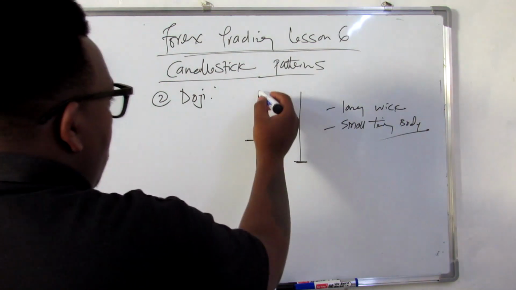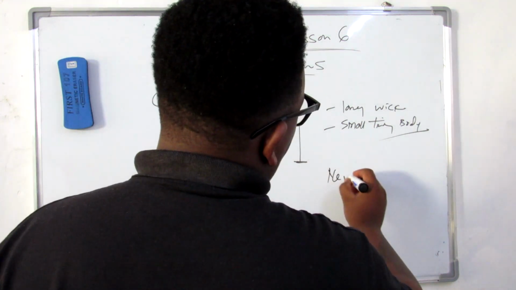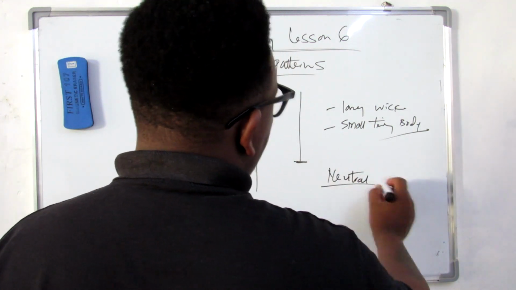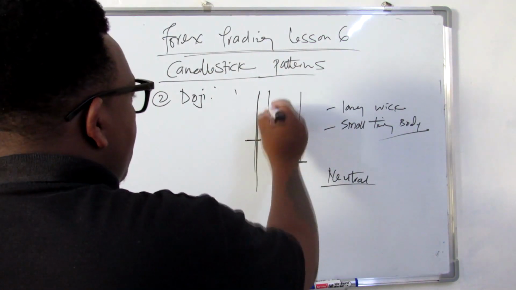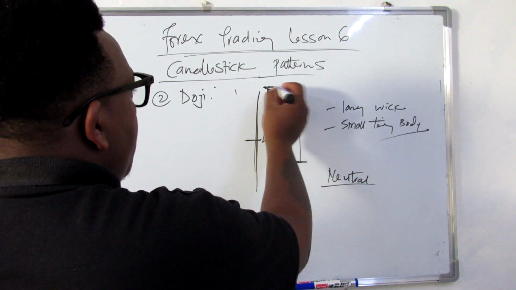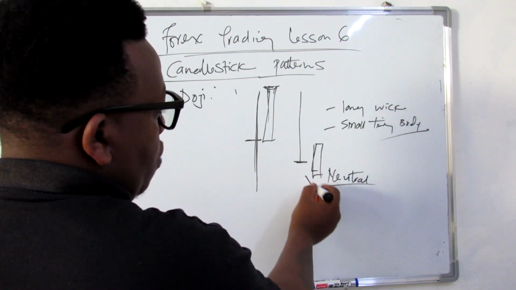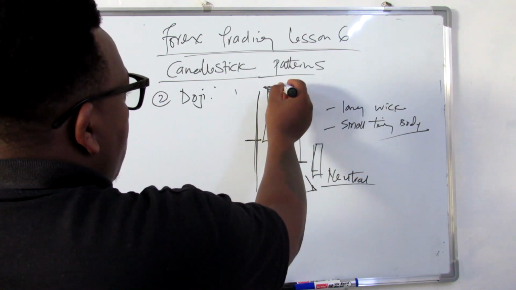These ones are also considered to be neutral. So what you just need to do in this case is wait for the next candlestick which is either going to close above with the body or close below with the body, for you to continue with that direction, or keep going up.